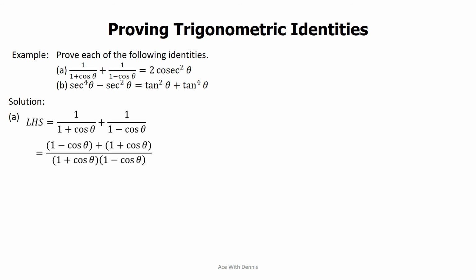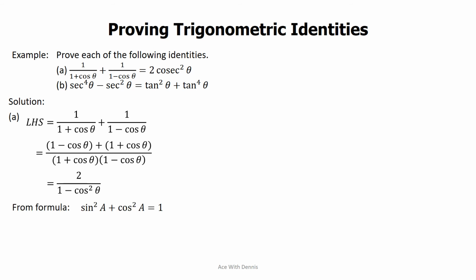So what I'm going to do is combine these two fractions together into one fraction, okay, and it will become (1 − cosine theta + 1 + cosine theta) over (1 + cosine theta)(1 − cosine theta). Okay, then we simplify, it will become 2 over (1 − cosine square theta).